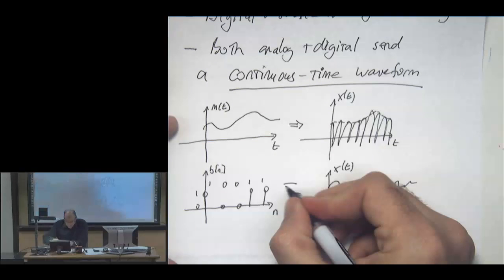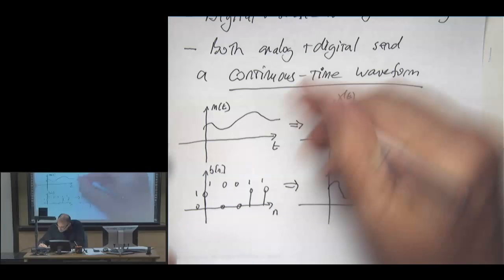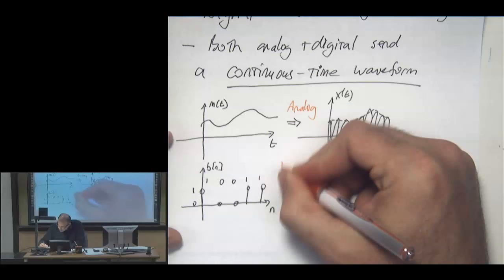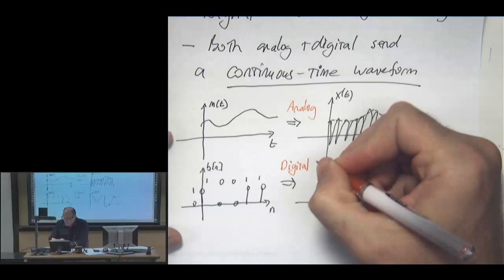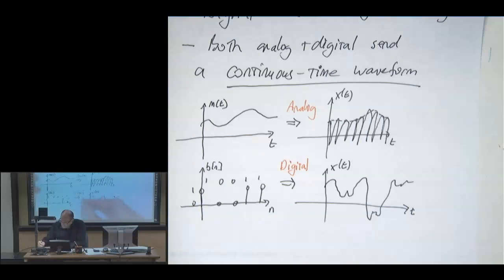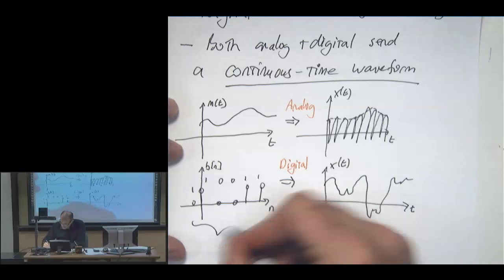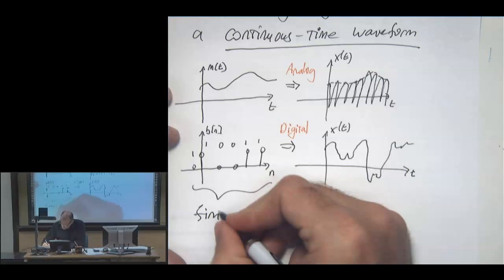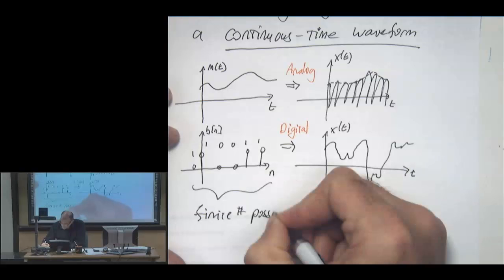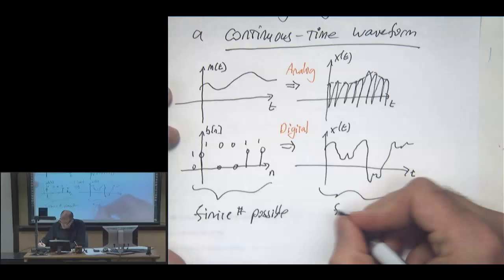So let me just write this over here. This is analog. And this is digital here. And the other main difference being that because we're sending a finite number of possibilities here, this means that there's also a finite number of possible analog waveforms we're sending.